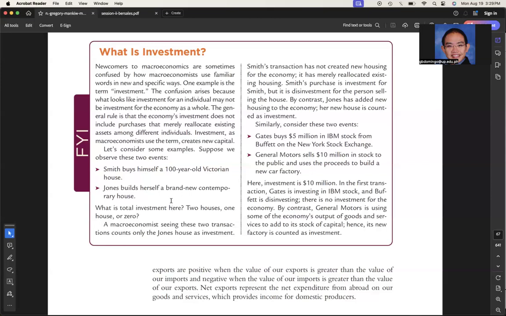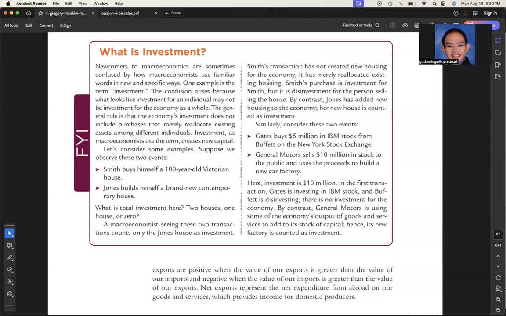What is the total investment here? 2 houses, 1 house, or 0? A macroeconomist seeing these 2 transactions counts only the Jones house as investment. Smith's transaction has not created new housing for the economy. It has just reallocated existing housing. Smith's purchase, meanwhile, is investment for Smith.